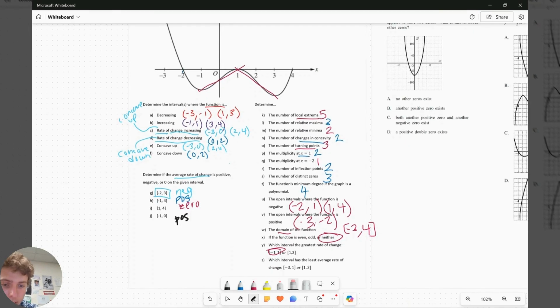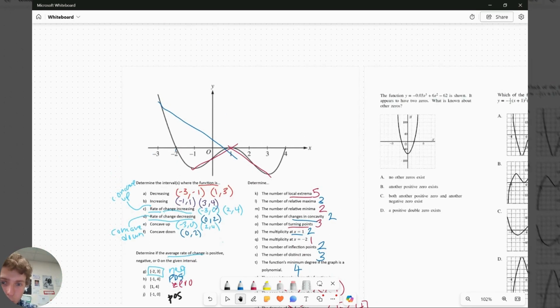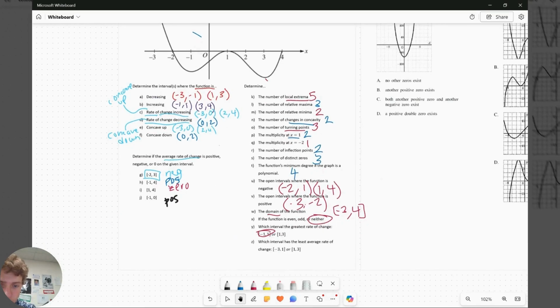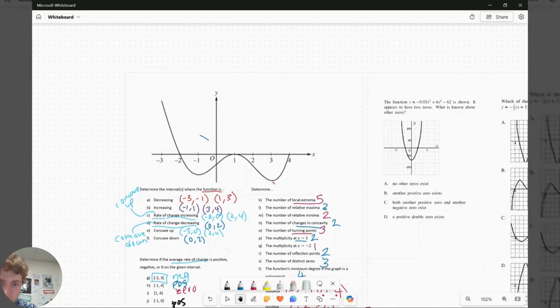Which one is the least? Which one is the most negative? -3 to 1, or 1 to 3. If you were to actually look at those, let's draw those a little bit better. That's going here, and then this one's going down there.